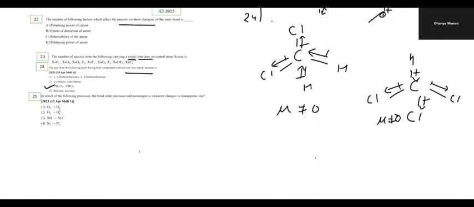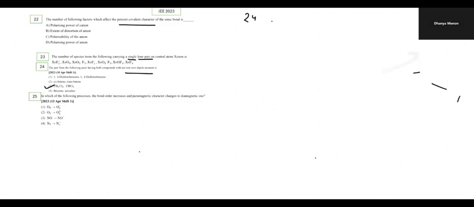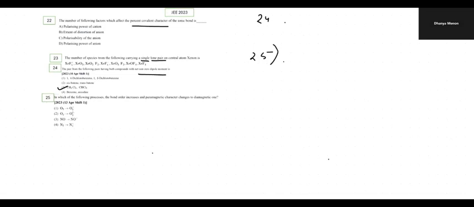And the twenty-fifth one. In which of the following processes does the bond order increase from paramagnetic to diamagnetic?